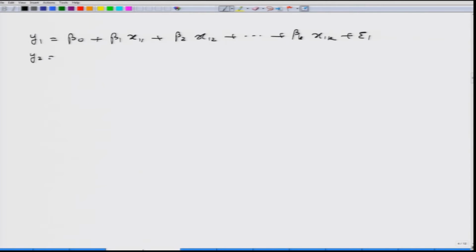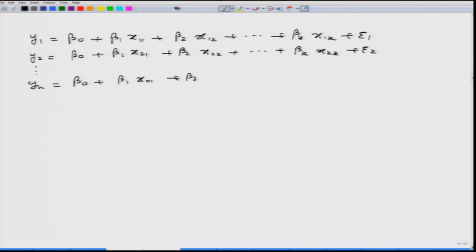Similarly, for the second observation, I can write down the model as y2 is equal to beta 0 plus beta 1 x21 plus beta 2 x22 plus beta k x2k plus epsilon 2, and so on. For the nth observation, I can write down yn is equal to beta 0 plus beta 1 xn1 plus beta 2 xn2 plus beta k xnk plus epsilon n.